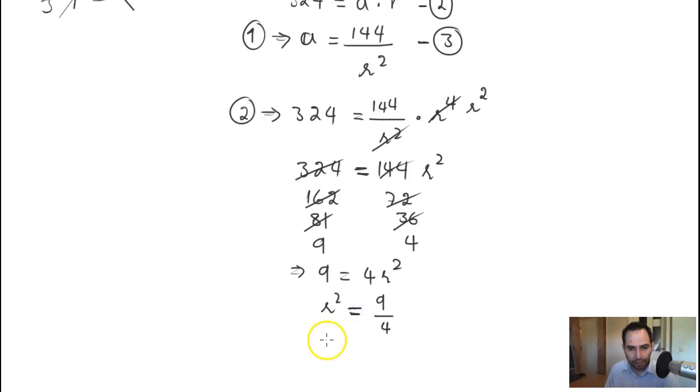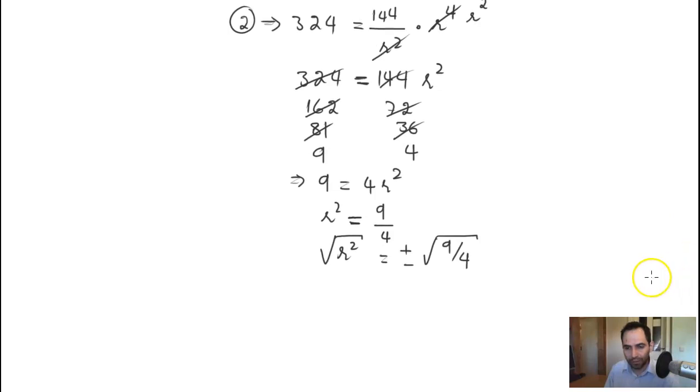So the square root of r squared is equal to plus or minus the square root of 9 by 4. The square root of r squared is r, and the square root of 9 by 4 is 3 by 2, so r is plus or minus 3 by 2.